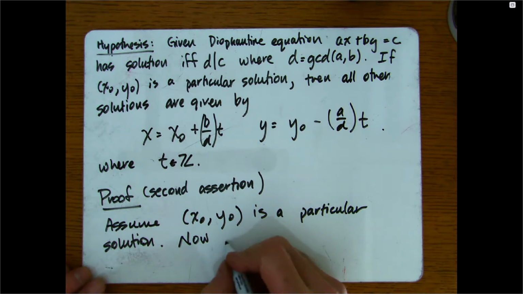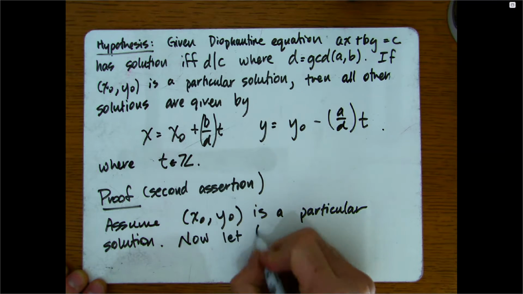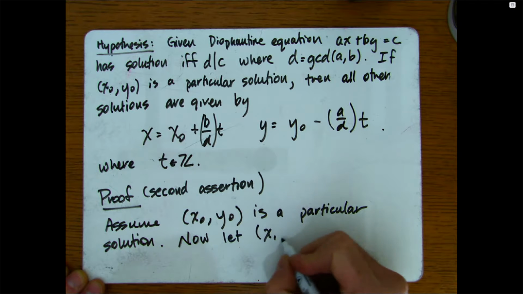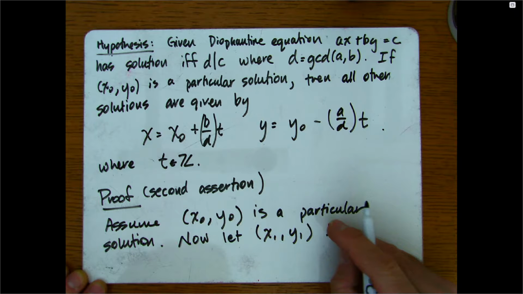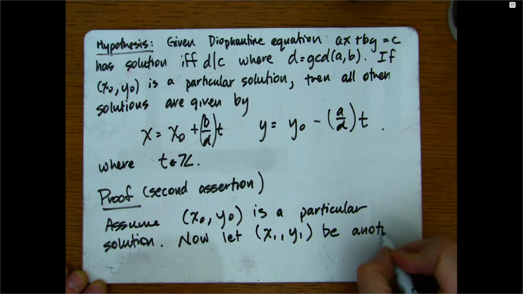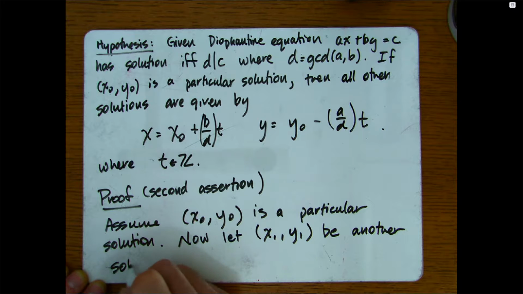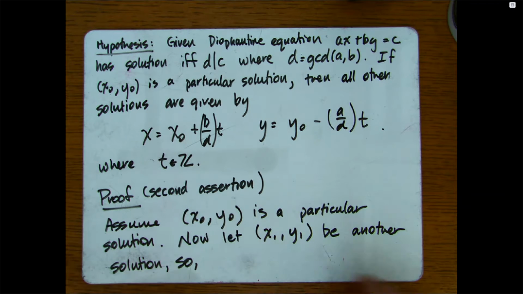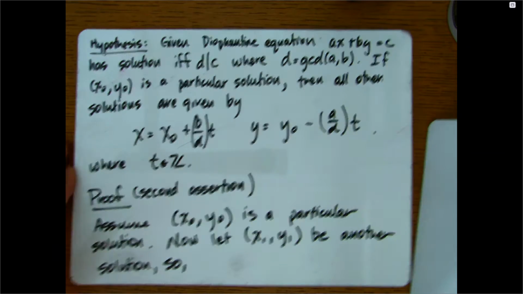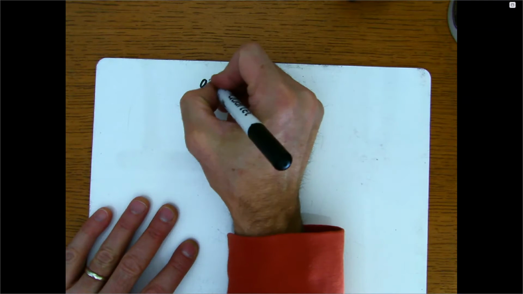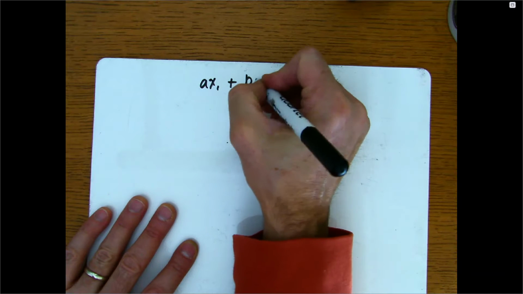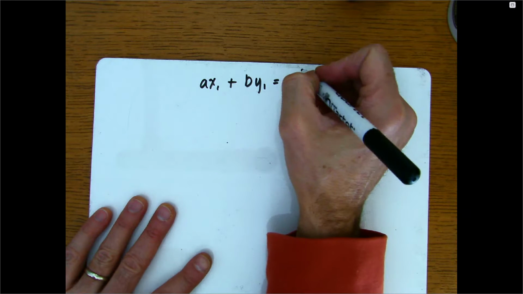So let x sub 1 and y sub 1 be another solution. What does that mean? Well, if it's another solution, we have a x1 plus b y1 is equal to c.